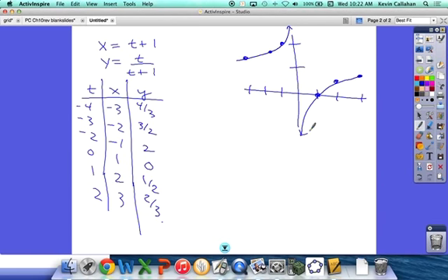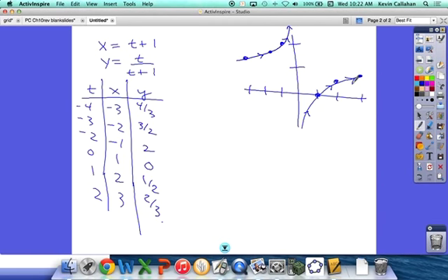I shouldn't have done that in this order. But I drew these points like this. And I drew this point like this. So that's the plane curve. And it's jumping over. It's 2 pieces because that t equals -1 is acting like an asymptote. So it's creating an asymptote in the graph.